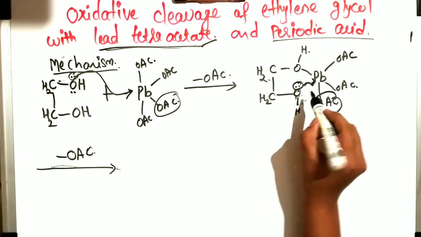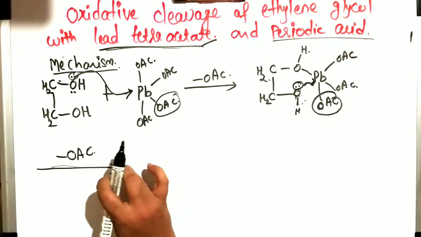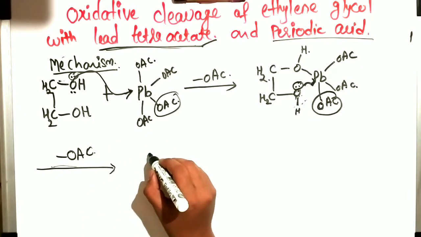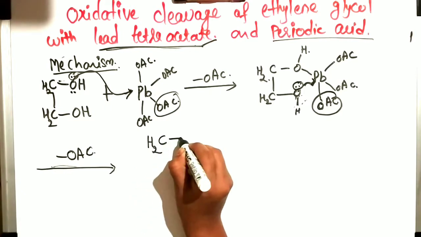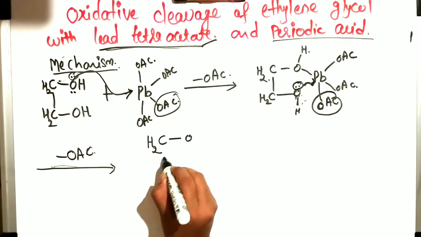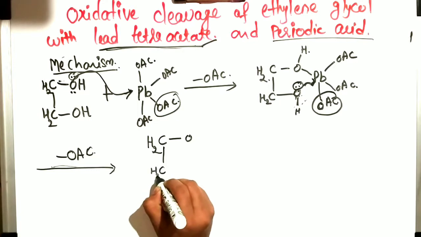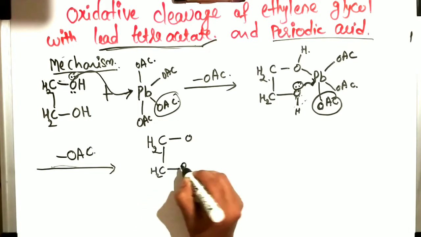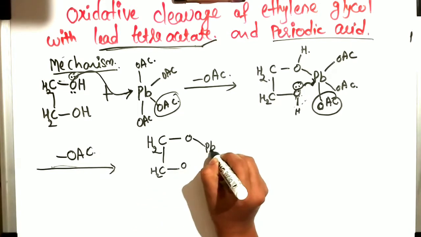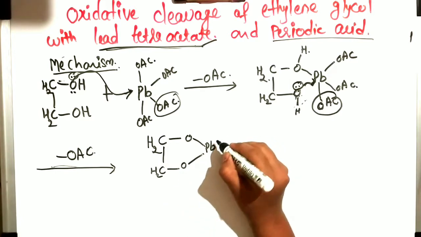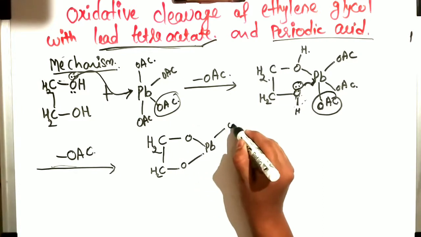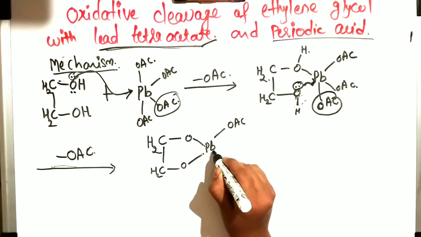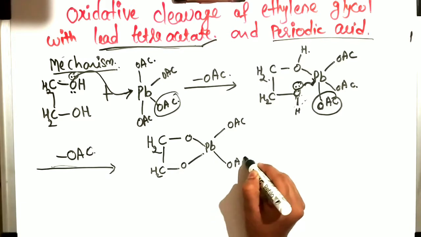Both the oxygens are attached to the Pb, lead. What we get here is CH2, O, CH2, O, Pb, with both oxygens attached to the lead. We have lost 2 acetate groups, so we are left with only 2 OAc.